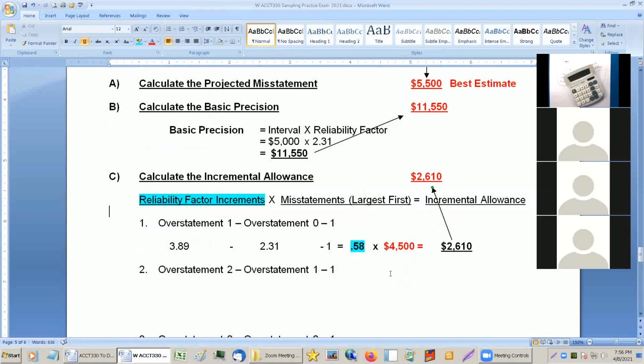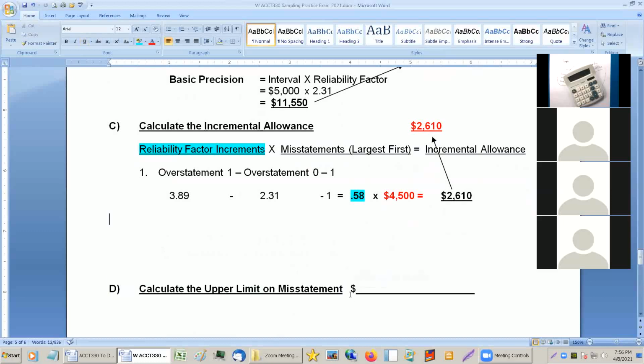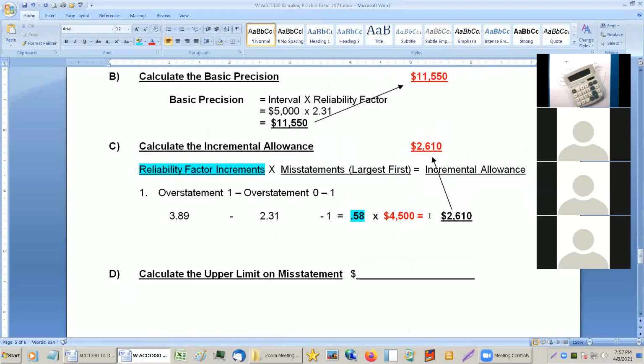And here's the idea behind this, which kind of makes sense. I'm going to take these out. We don't need them. There aren't any other overstatements. There's only one. The idea is that it's not just that you have misstatements, it's the dollar amounts.